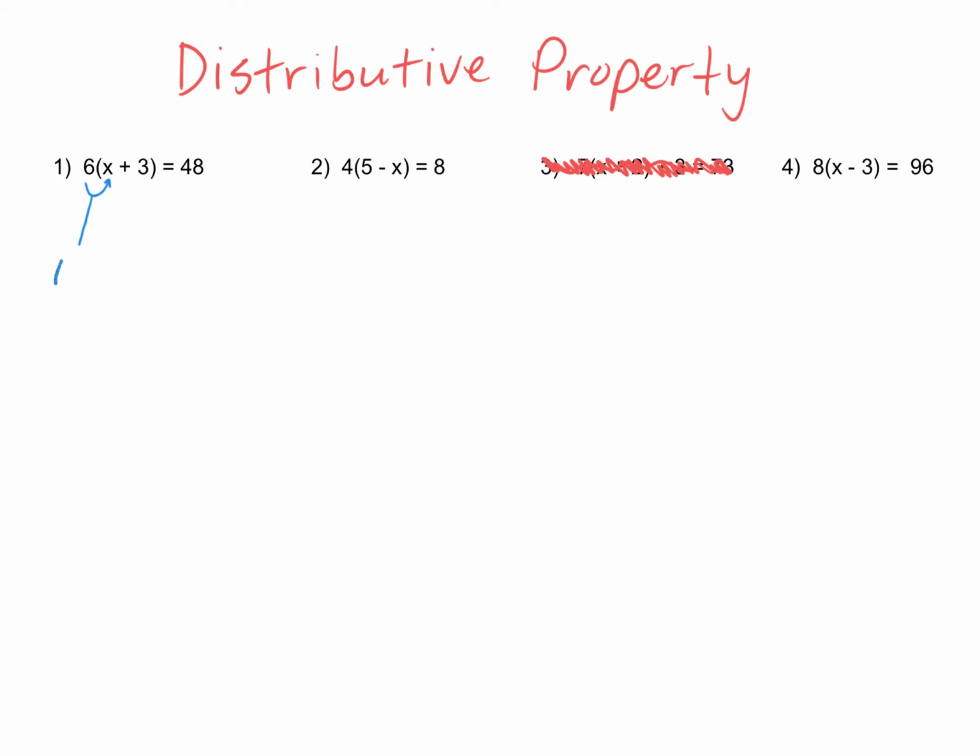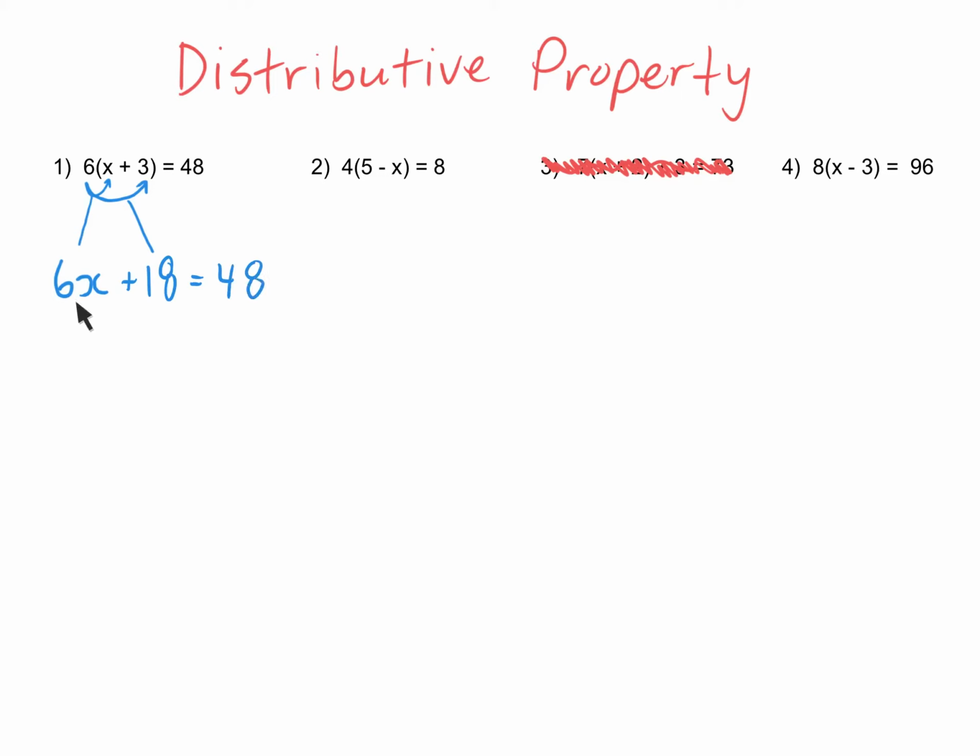So we're going to have 6x, and then over here, we're going to have 6 times positive 3. So 6 times positive 3, that's just 18. Now, it's positive 18. It's a positive number. So down here, we're not just going to put 18. Because it's positive, we're going to put plus 18. Then it just equals 48.